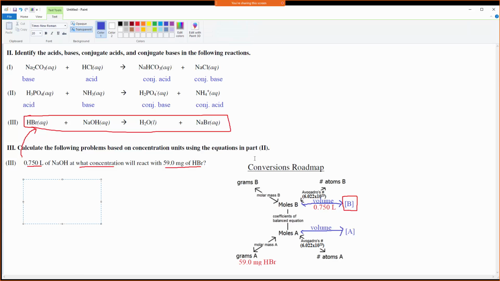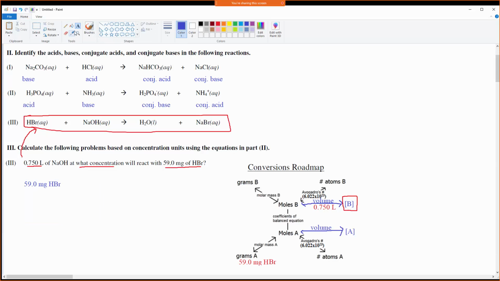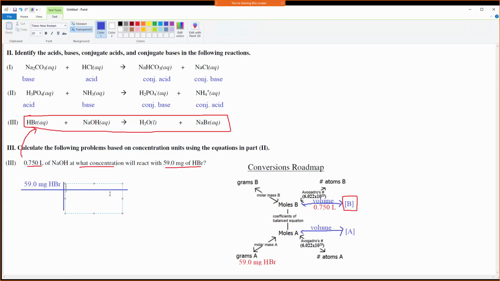All right, so 59.0 milligrams HBr. Good. And next, we need to go to grams, right? So what's that going to be?